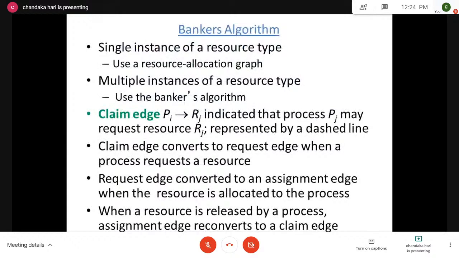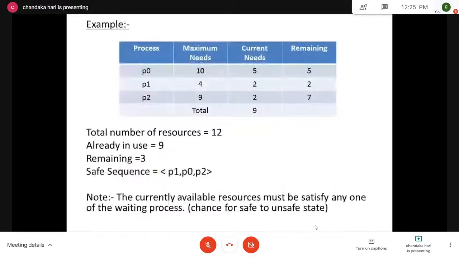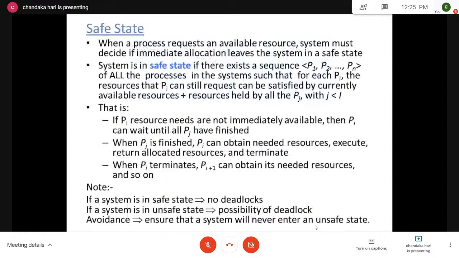This is not completed in a short span of time, but will be covered tomorrow. Today what we have seen is what a deadlock is, what the necessary conditions for a deadlock are, and what the different methods for handling a deadlock are. One of the methods is deadlock prevention.